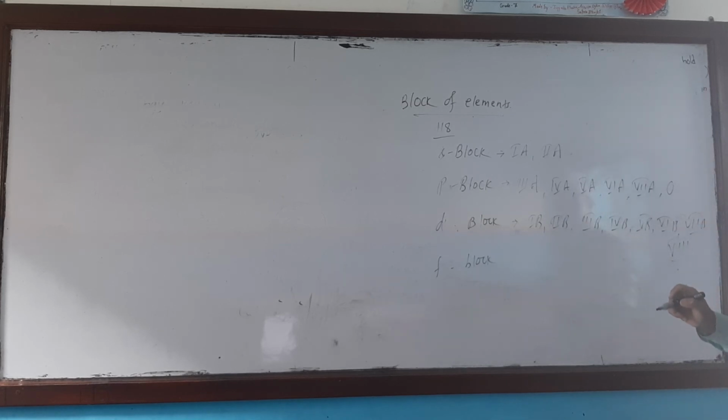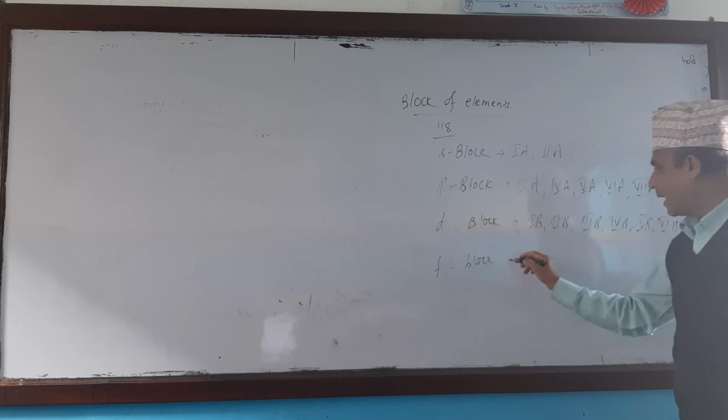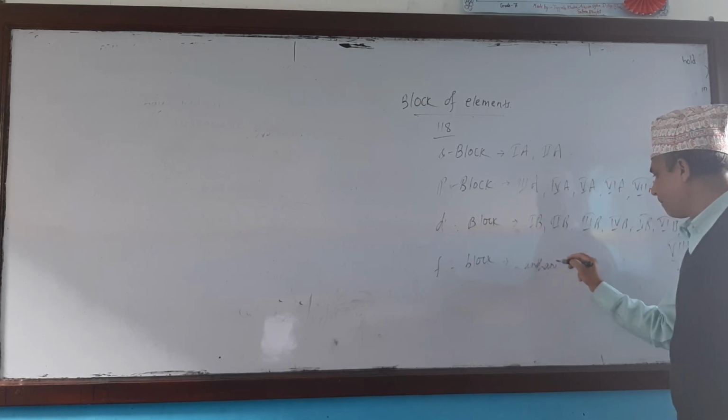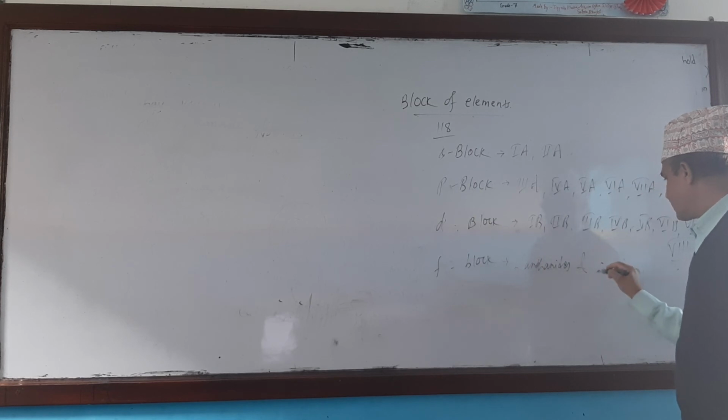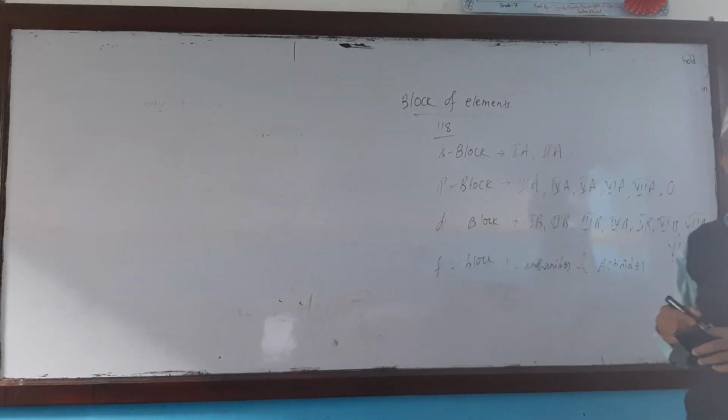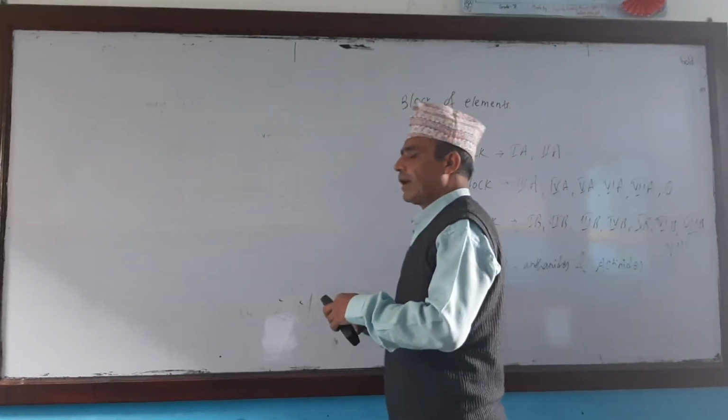These are all our d block elements, they are the maximum. And F block: lanthanides and actinides. Lanthanides and actinides are f block elements.